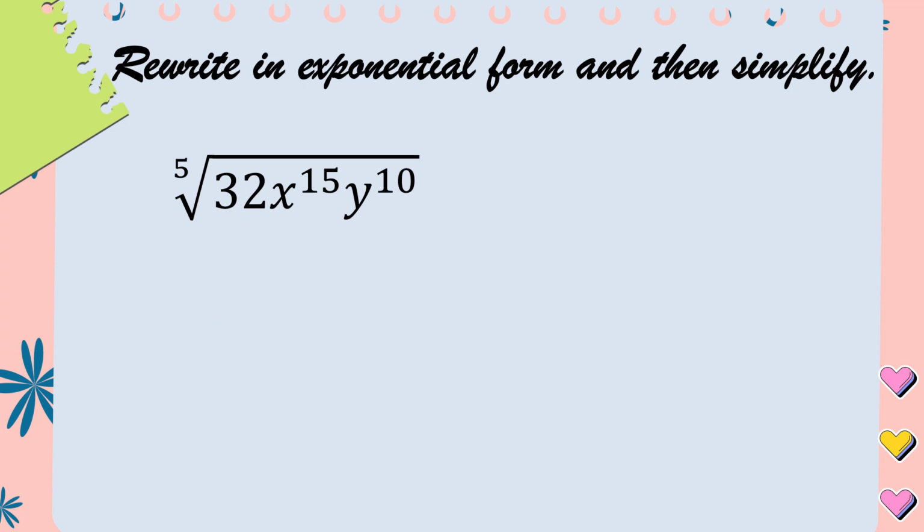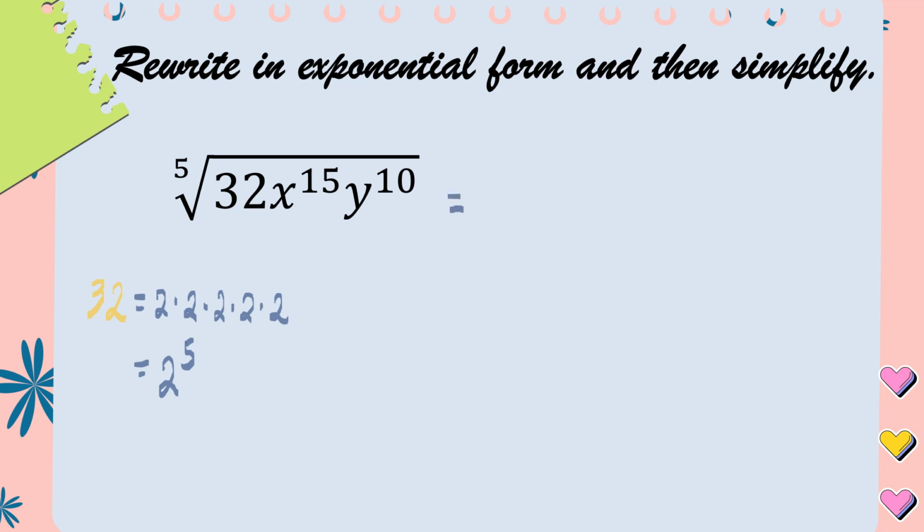Okay, very good. 32 can be written as 2 times 2 times 2 times 2 times 2. 2 times 2 is 4. 4 times 2 is 8. 8 times 2 is 16. 16 times 2 is 32. Or this is the same as 2 raised to 5.